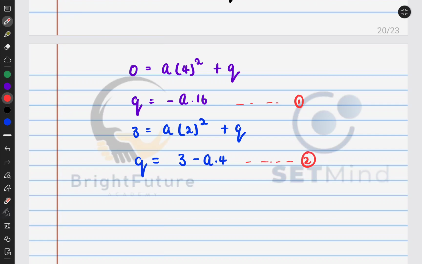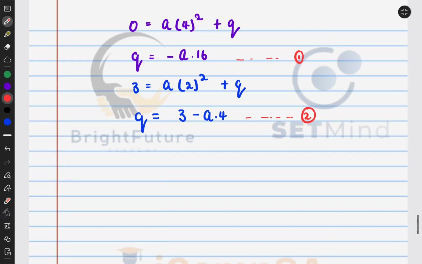So we have q as the subject in both of these equations, so we can simply equate the two equations. So we have negative a times 16 is equal to 3 minus 4a. Let's solve for a.